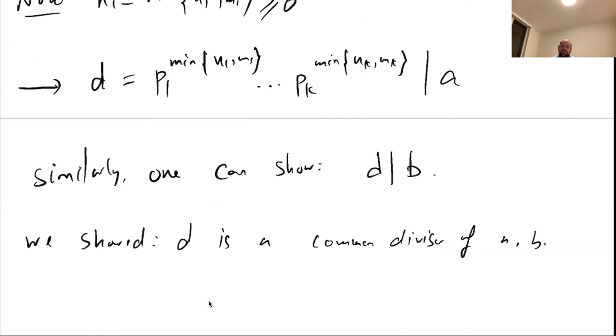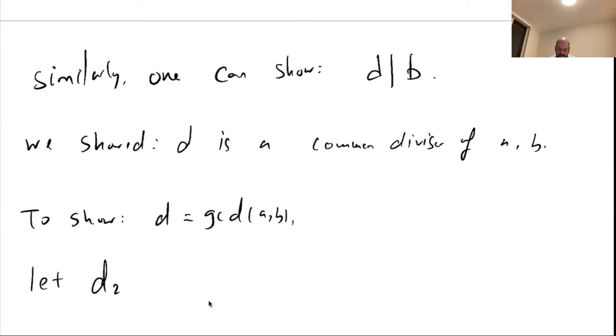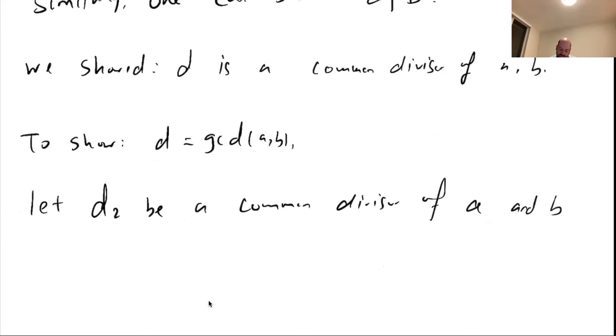Now I want to show this is the greatest common divisor. So to show D is GCD of A and B, let D2 be a common divisor of A and B. So what does that mean?